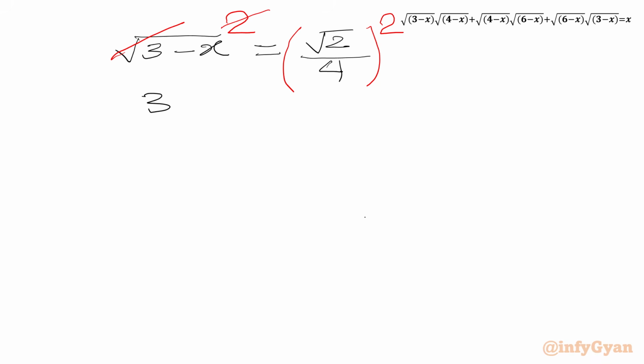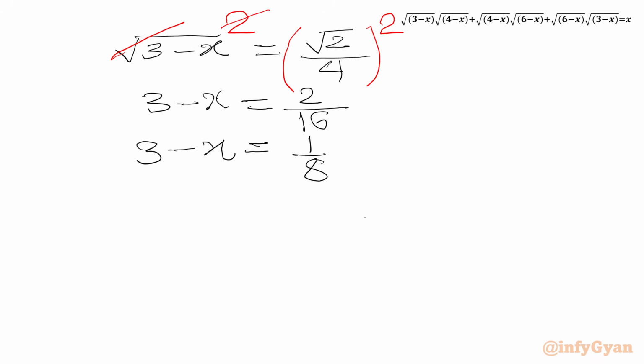So we will write 3 minus x in the LHS, and in RHS root 2 square will be 2, 4 square will be 16. Now we can cancel 2 and 16, we will get 1 over 8. This will be equal to 3 minus x.